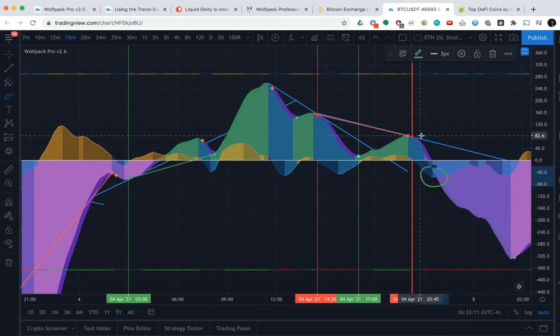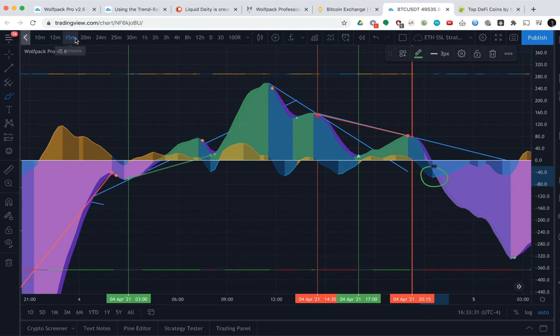But if you're in an uptrend, or if the higher time frame is showing, it really depends what the higher time frame is showing. If we're on a downtrend in the higher time frame or an uptrend in the higher time frame, the way you can figure that out is just by looking at what color the wave is on the higher time frame.